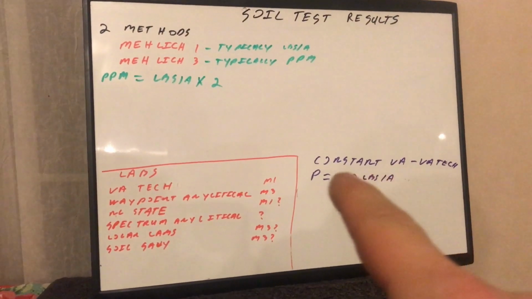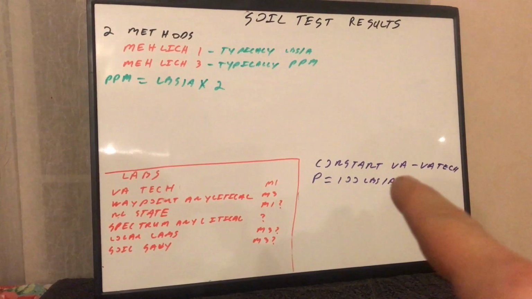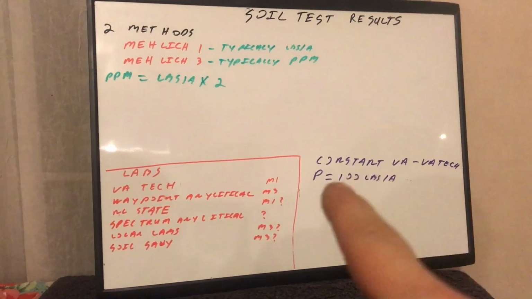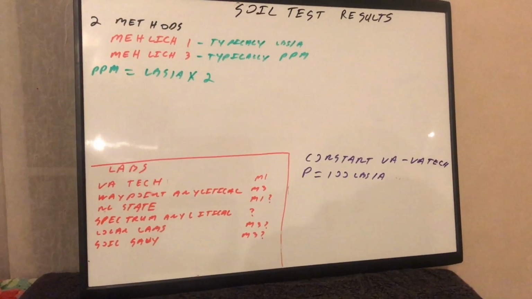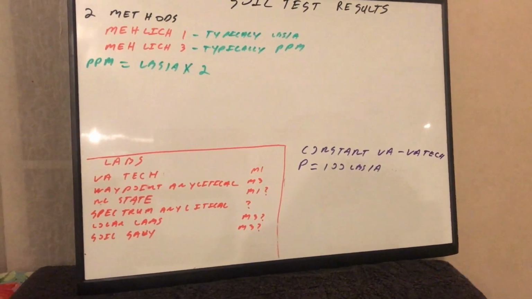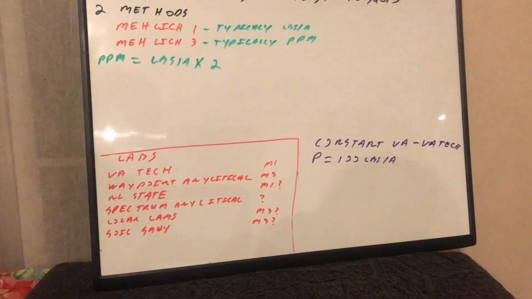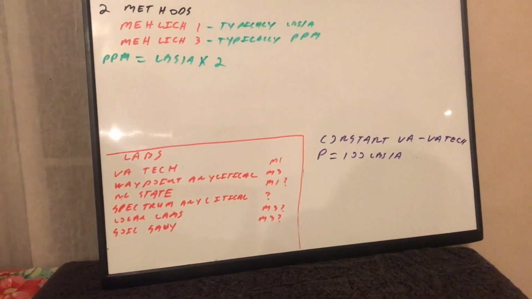As you see, I have my constant here in Virginia, per Virginia Tech. Phosphorus is supposed to be 100 pounds per acre. What I would encourage every single one of you to do is you need to find a replicable source.